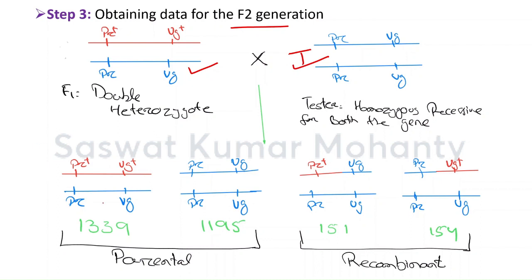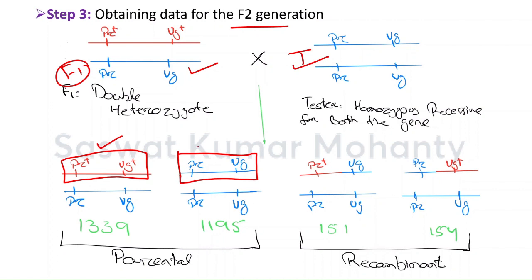As you can see in the number of offspring produced, if a particular offspring shows the dominant phenotype for both genes, your eye color and wing type, it is the same as the F1 hybrid. If a particular offspring shows the recessive character for both eye color and vestigial gene, that is exactly the same as the tester.